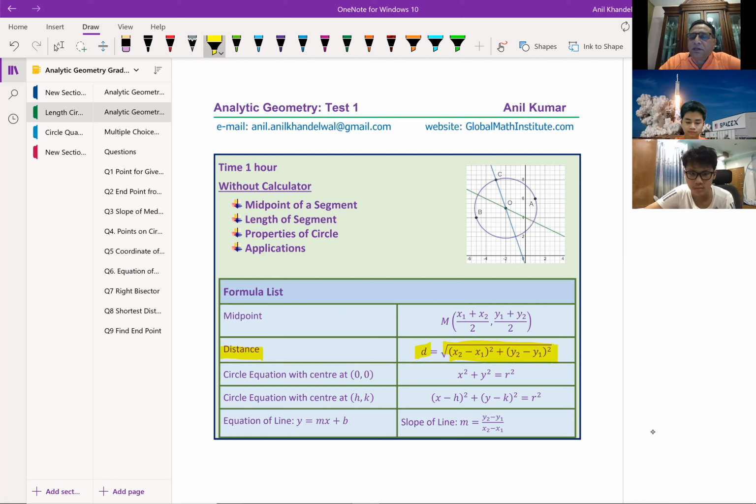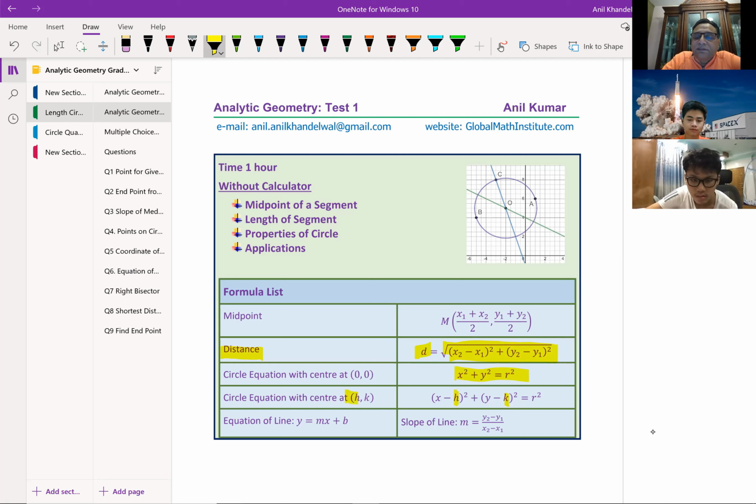The equation of the circle, which you know, is x squared plus y squared equals r squared. But sometimes we can translate the circle to some other point, and then the center will not be the origin, but the center will be (h, k).